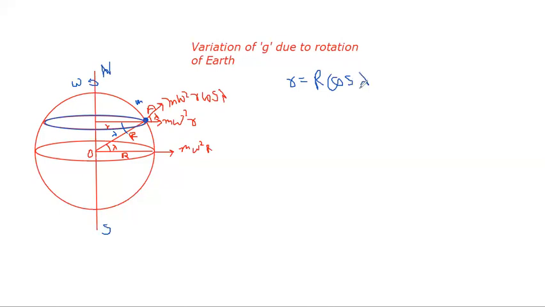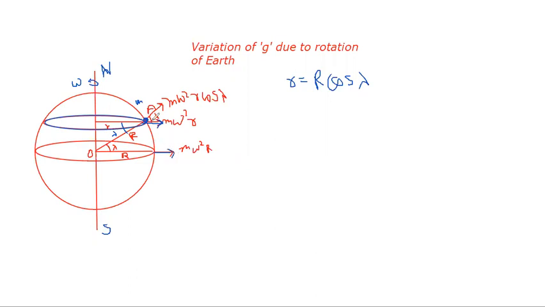So now the centrifugal force acting on the body along this direction is m omega square small r, and the centrifugal force acting along this direction is m omega square capital R.